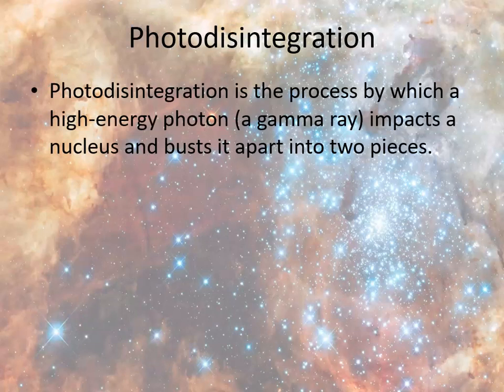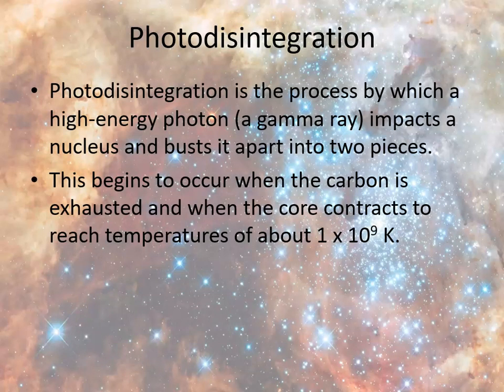Now, eventually, these nuclei that are created end up participating in further nuclear fusion, but as that's happening, the temperature eventually reaches 1 billion kelvins. That's actually hot enough for something called photodisintegration, where at 1 billion kelvins, this is a very, very high temperature, these photons are very high energy gamma rays, and this is a high enough energy gamma ray that a photon of this kinetic energy is able to smash into one of these nuclei that's being created and bust it apart.